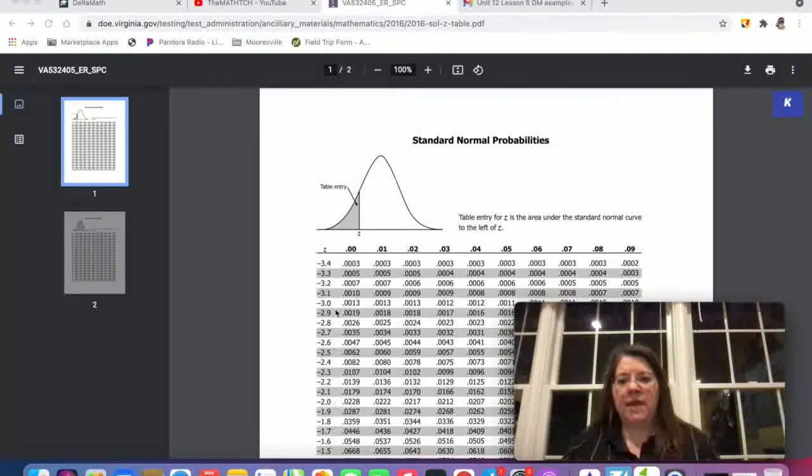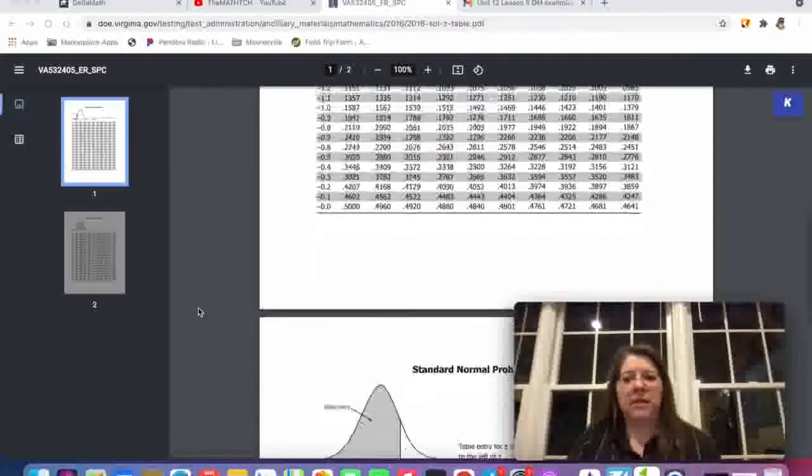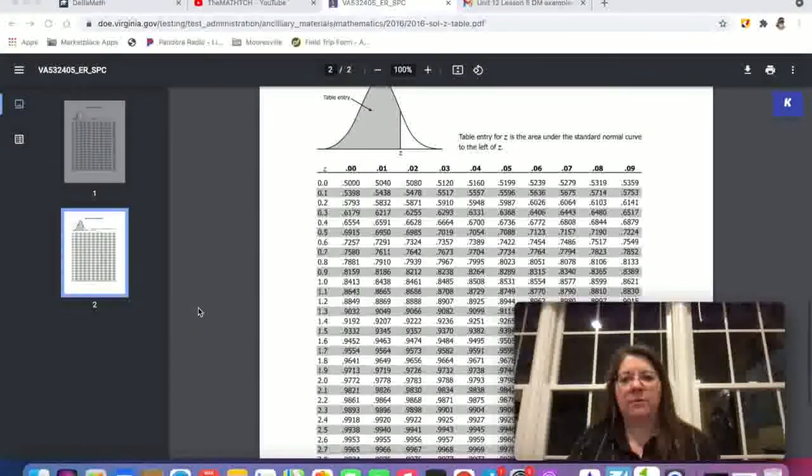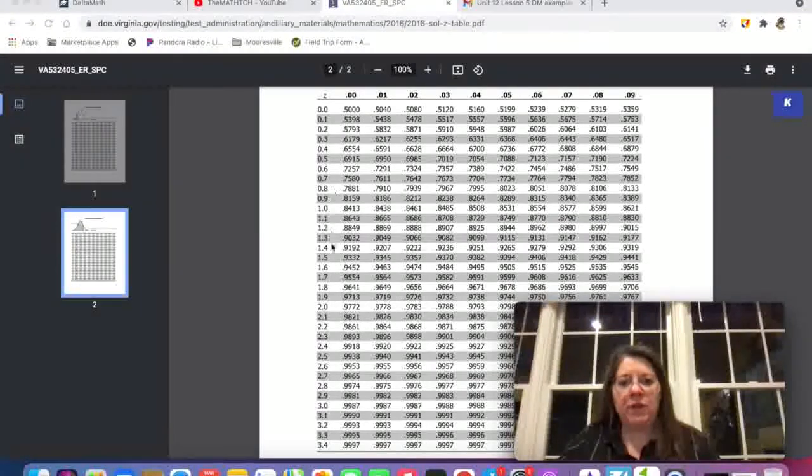So this is the negative side of the z-score table. I'm going to scroll down to get to the positive side of the z-score table. So I'm looking up 1.52. This is 1.5. I'm going to go over here to the 0.02. So 1.52, I get 0.9357 for the probability, which we know is 93.57%.